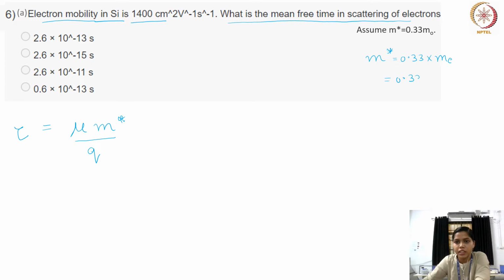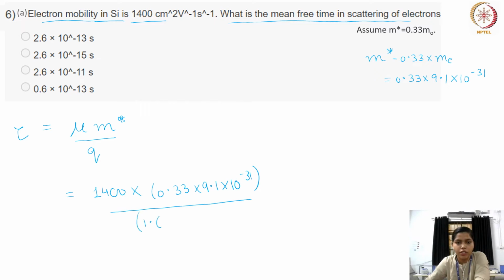So that will be 0.33 into 9.1 into 10 to the power minus 31. Here it is given the electron mobility is 1400. M star value is 0.33 into 9.1 into 10 to the power minus 31. And we know the value of the charge, that is 1.6 into 10 to the power minus 19. So is it clear up to this point?